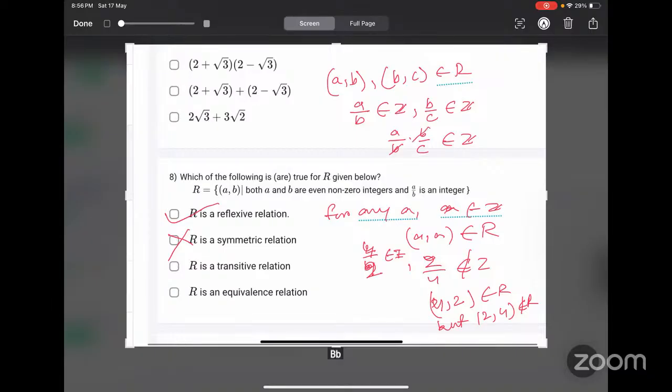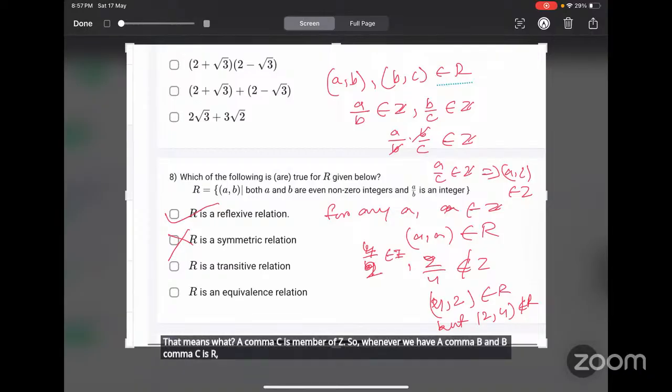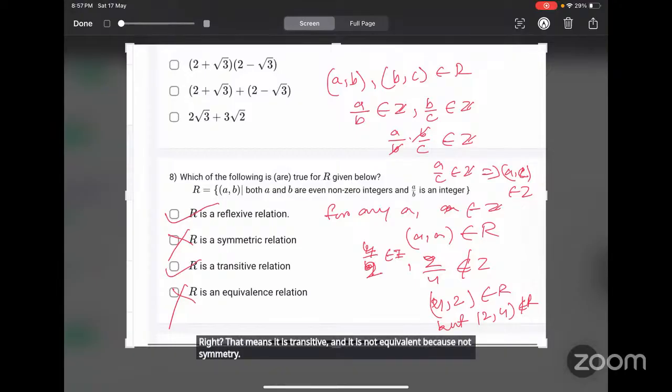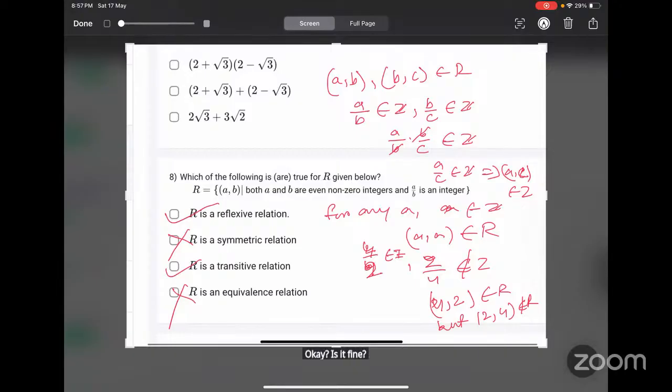B will be cancelled out. So A by C is a member of Z. That means A comma C is a member of R. So whenever we have A comma B and B comma C in R, we can conclude that A comma C is a member of R. That means it is transitive and it is not equivalent because not symmetric. Okay, is it fine? Yes, ma'am.